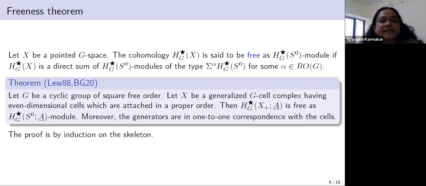Let X be a pointed G space. The cohomology H star G of X is said to be free as an H star G S naught module if H star G X is a direct sum of H star G S naught modules of the type suspension alpha H star G S naught, which is also an H star G S naught module.